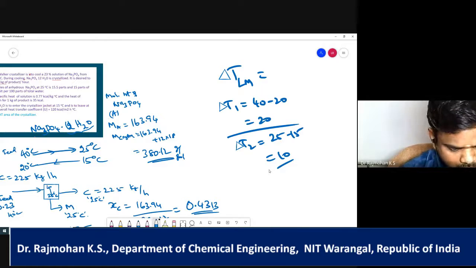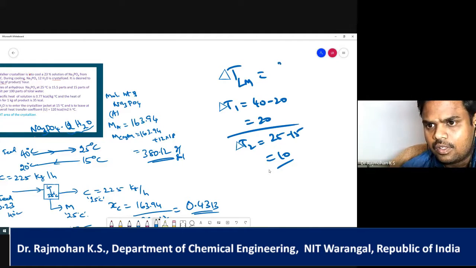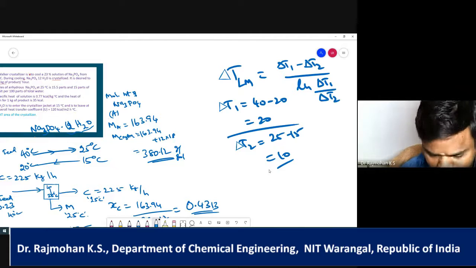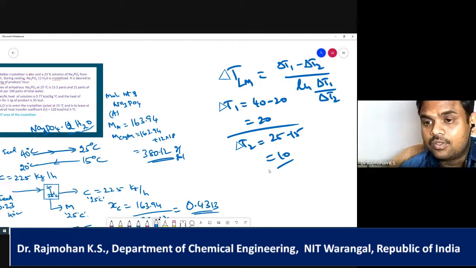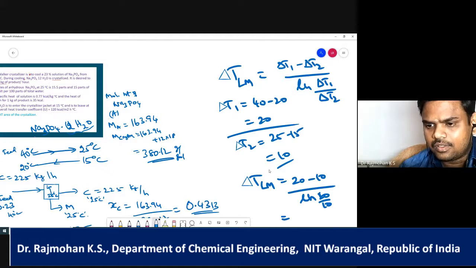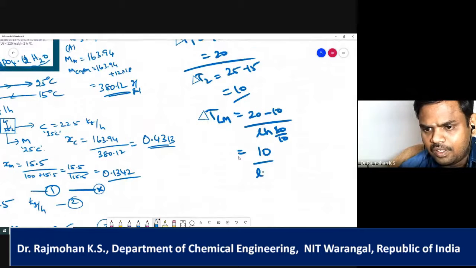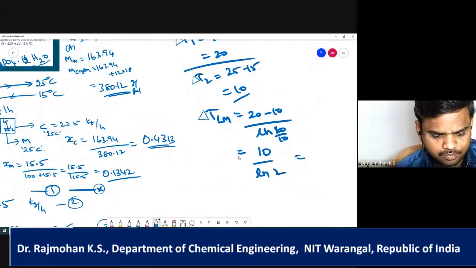Delta T logarithmic mean is equal to delta T1 minus delta T2 by ln of delta T1 by delta T2. So we get 20 minus 10 by ln of 20 by 10. That is 10 by ln 2. How much do you get?